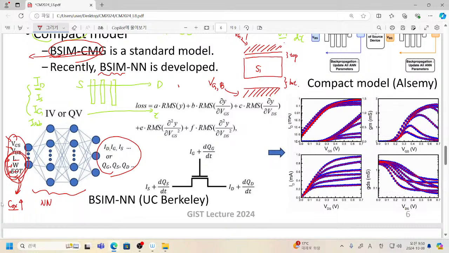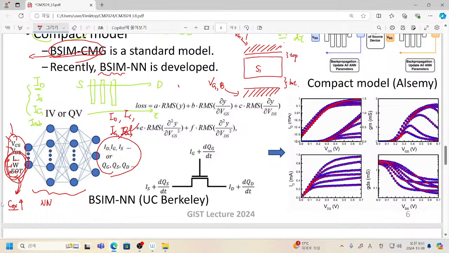In many cases, what we have to calculate is just a few quantities: drain current, source current, gate current, and if we have a substrate, the substrate current, although nowadays sometimes we don't have it. And also charges related with those 3 or 4 terminals. So there are not many output variables, and instead we have a long list of input parameters because they are all related with the layout.